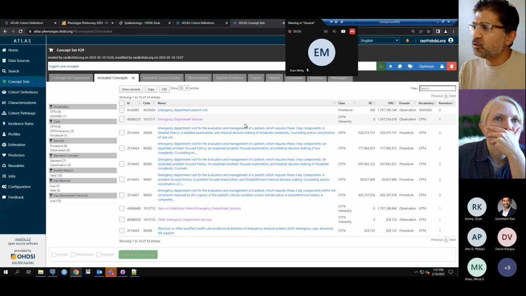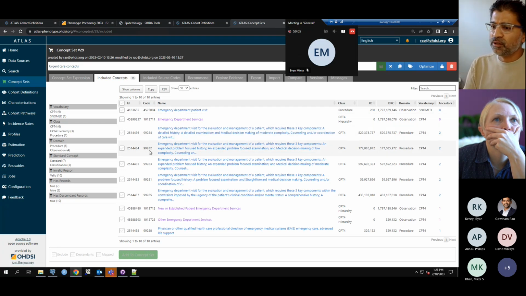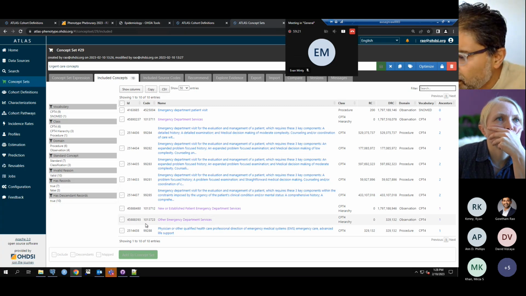So we have two concepts from the emergency domain there that have a large record count, and have the CPT codes in the procedure domain, which are 99281, 99282, 99283, 99284, 99285. So it has all the CPT4 codes. These are the CPT4 codes that I was looking for. What is that? That's the hierarchy, direction of a qualified healthcare professional, emergency.